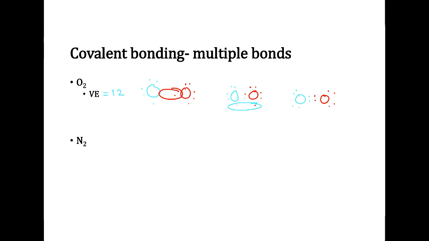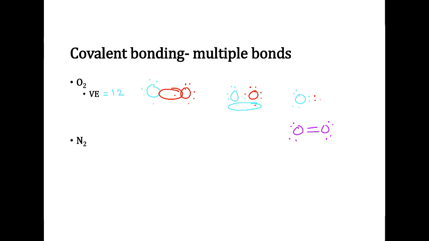If we draw this out, we would represent those 2 pairs of electrons that are shared as a double bond. Remember, for checking whether it obeys the octet rule, we take away the oxygen on the right and its lone pairs, not the electrons that are shared.